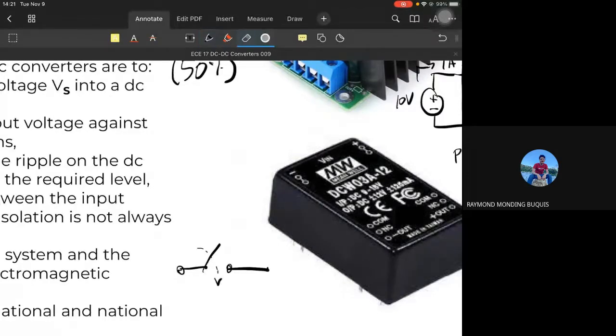But it should be noted that it is not a mechanical switch that we put there. It could be a power electronic device. It can be a thyristor, or a transistor, power BJT or power MOSFET. I think I will come back to this later.